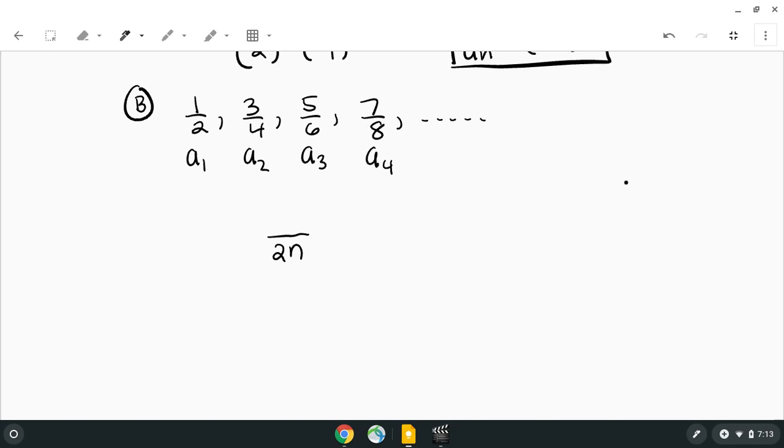So we see that the numerator is 1 less than the denominator. So the way you write that is you say 2n, that's your denominator, but then it's 1 less. So 2n minus 1, okay?